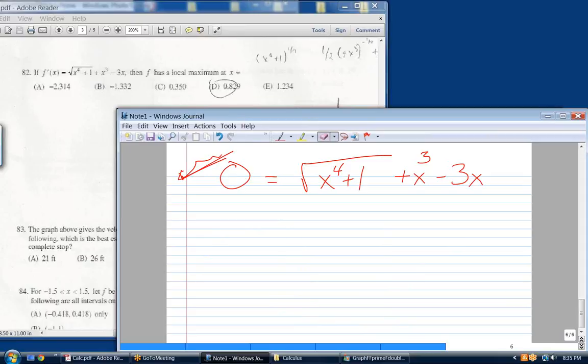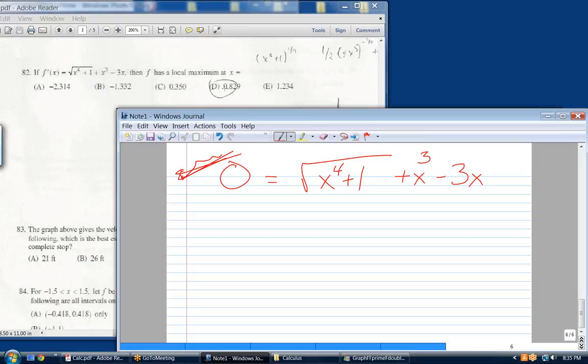So what you would want to do is, whatever answer your computer gives you, let's say it gives you 3 different answers, we want to test a value slightly to the left of this. Make sure that we get a negative slope.